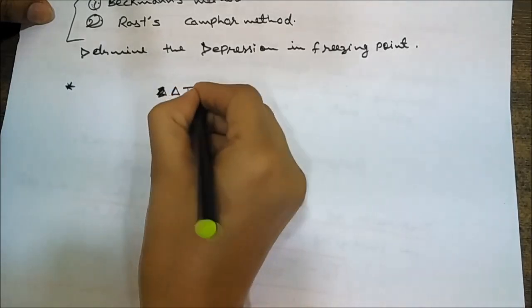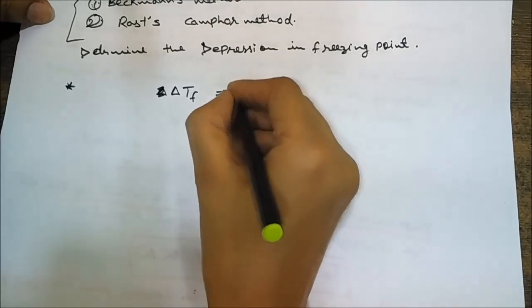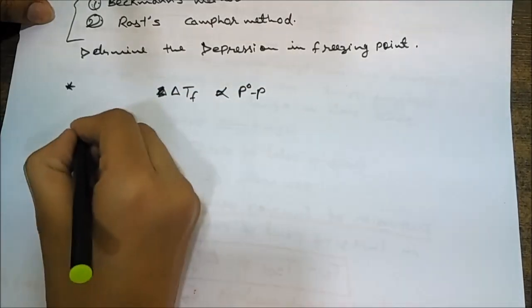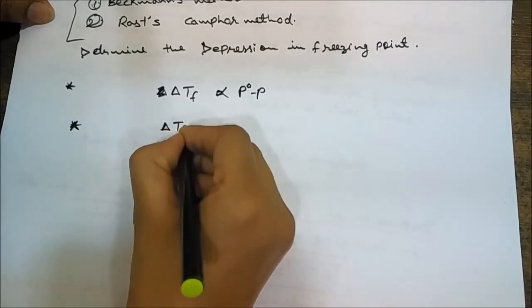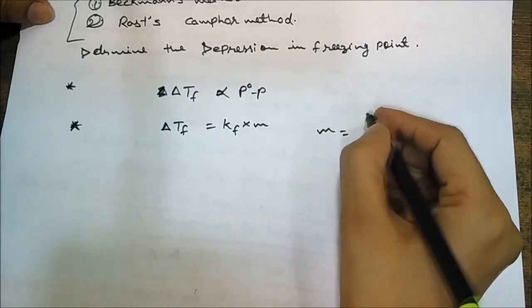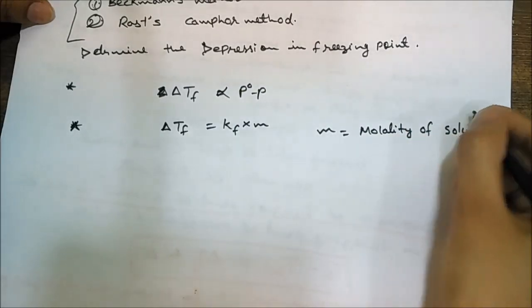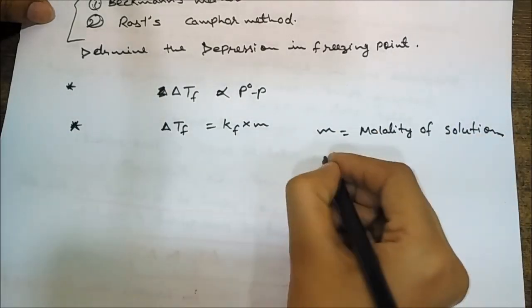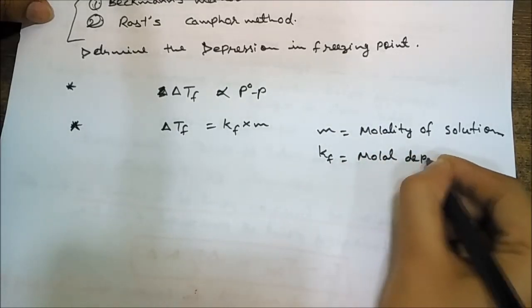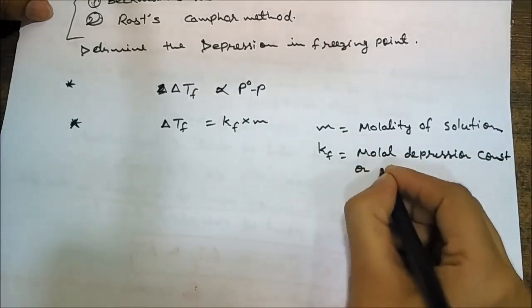This is our depression in freezing point, and it is directly proportional to the lowering of vapor pressure, or we can write depression in freezing point is equal to Kf × m. m is the molality of solution, and Kf is the molal depression constant, or we can say cryoscopic constant.